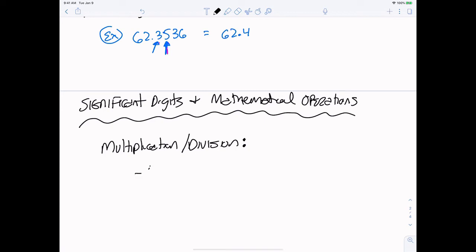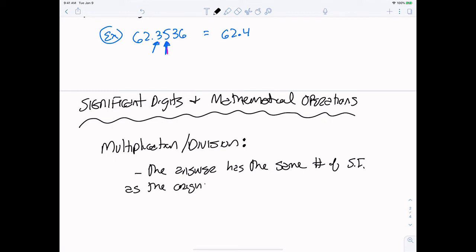So the answer has the same number of significant digits as the original number with the fewest number of significant digits.